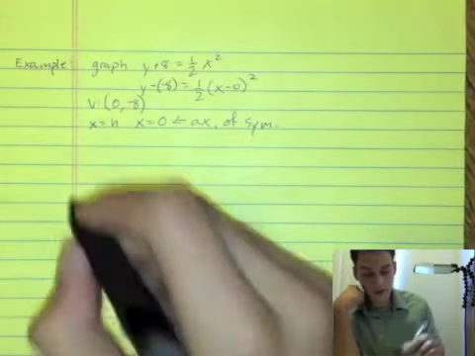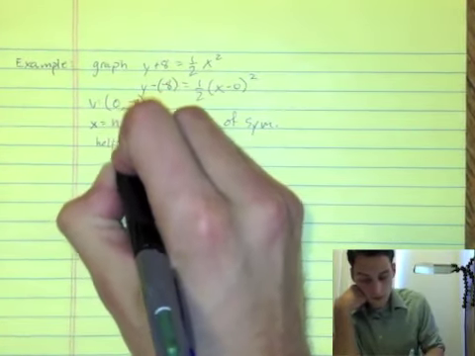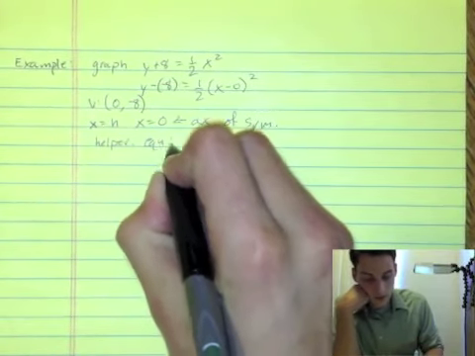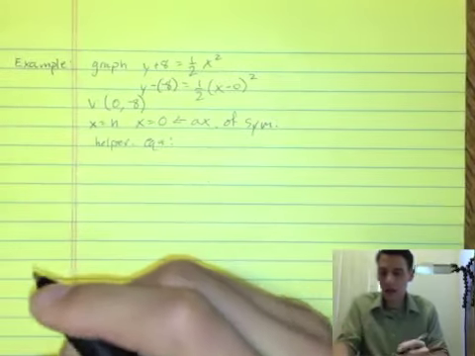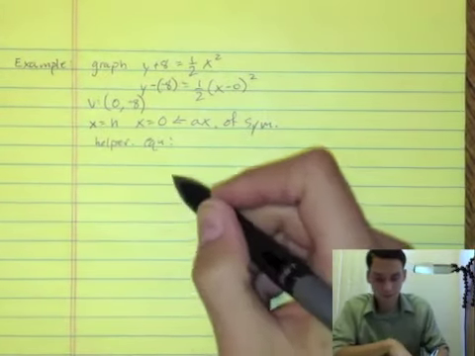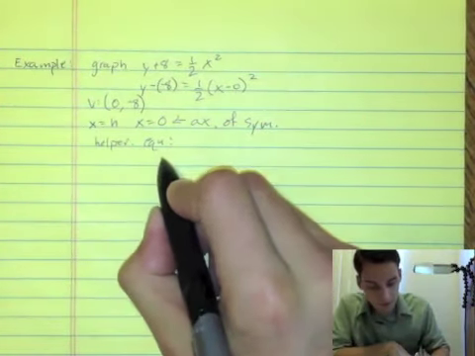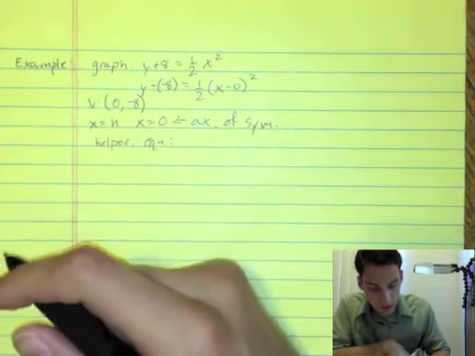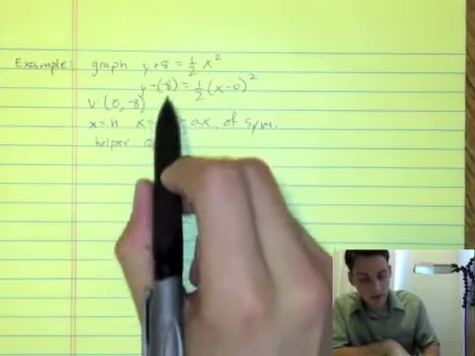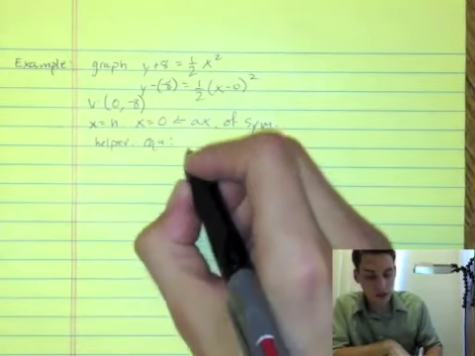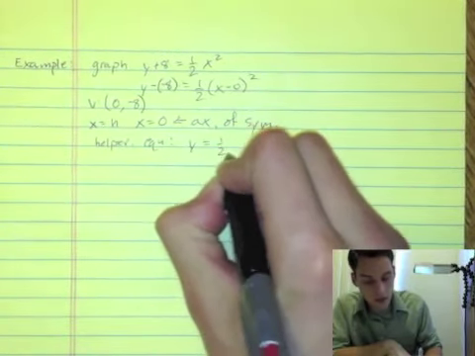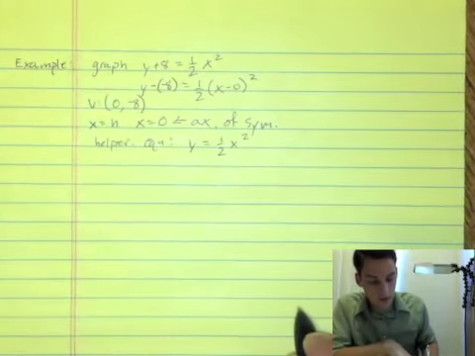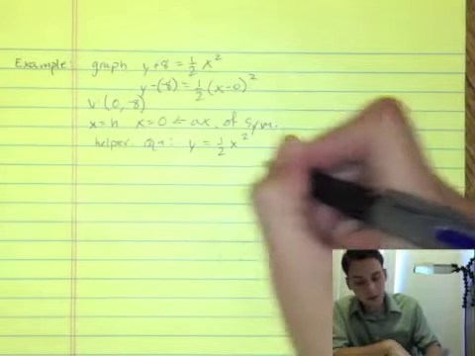Now we find the helper equation. The helper equation is just when we take off the h and the k. So we'll have y equals 1/2 times x squared. And then make a t-chart from that.